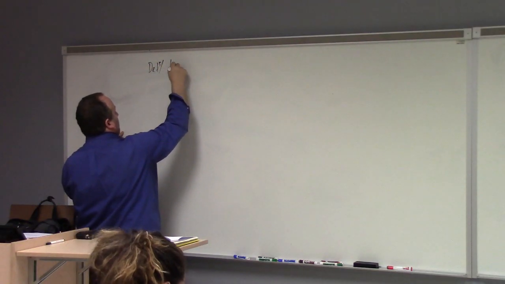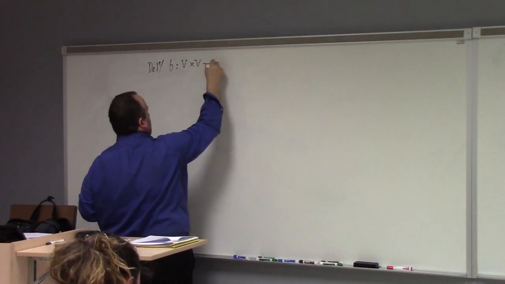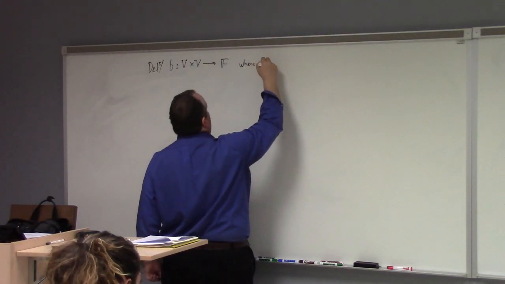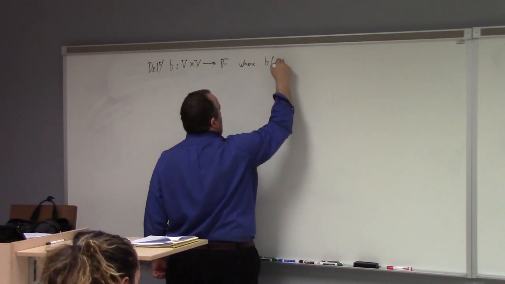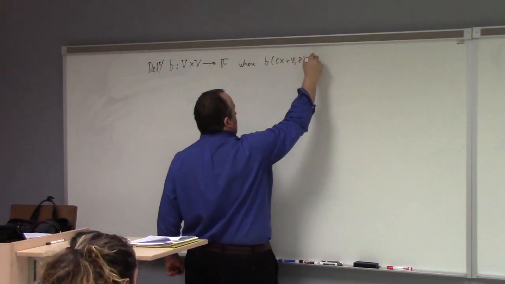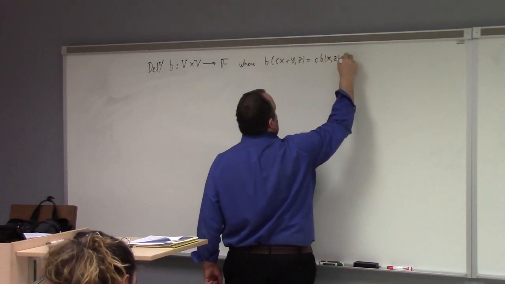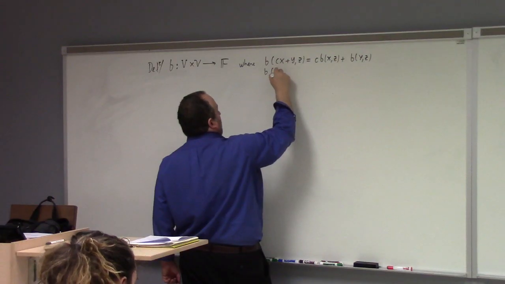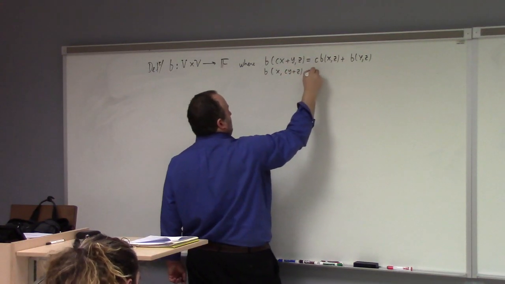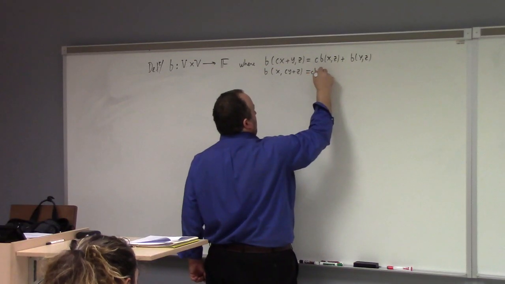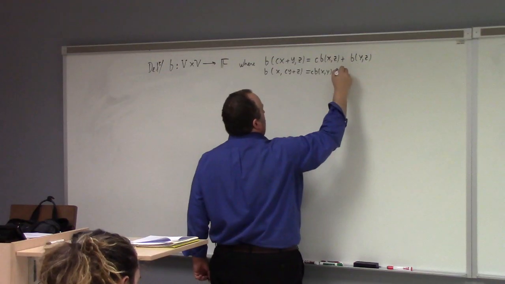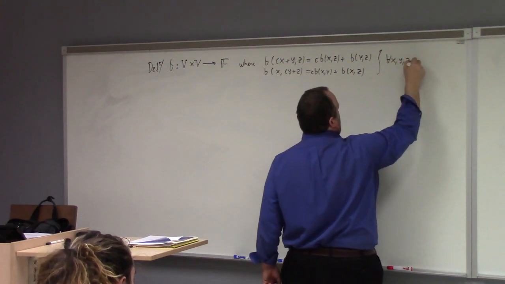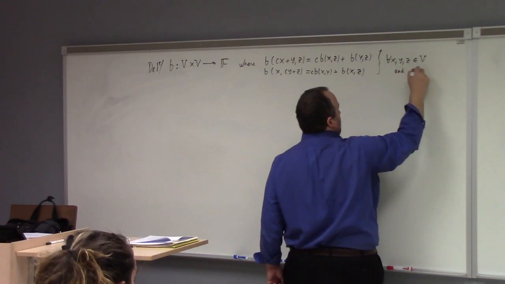We have a bilinear form. It goes from V cross V to the field, let's say, where B of cx plus y comma z is c B of x comma z plus B of y comma z, and B of x comma cy plus z, let's say, is c times B of x comma y plus B of x comma z, and this is for all x, y, and z in the vector space and c in the field, right?